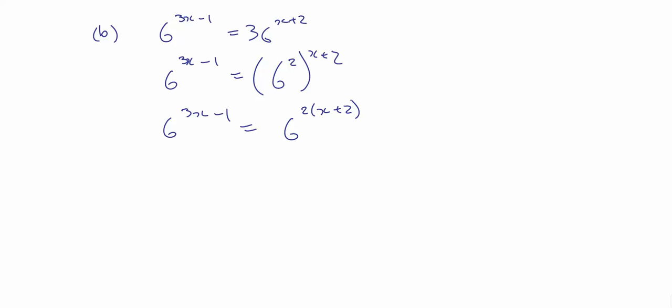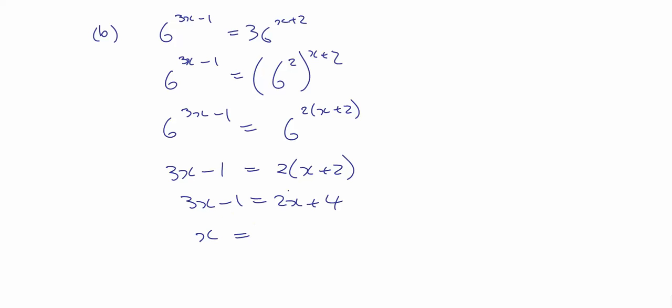The bases are the same, 6, so we have 3x minus 1 is 2x plus 4. And then rearranging, subtracting 2x from both sides, and adding 1 to both sides, we have x equals 5.